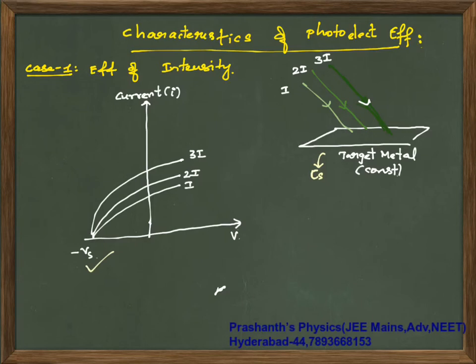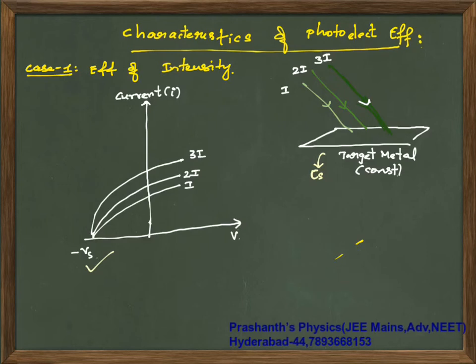Now coming to intensity. I told you previously very clearly, with your intensity versus current graph, when intensity is more, photocurrent will increase. Here more intensity indicates more number of photoelectrons striking the surface.